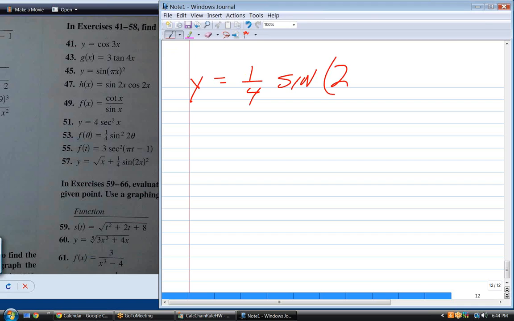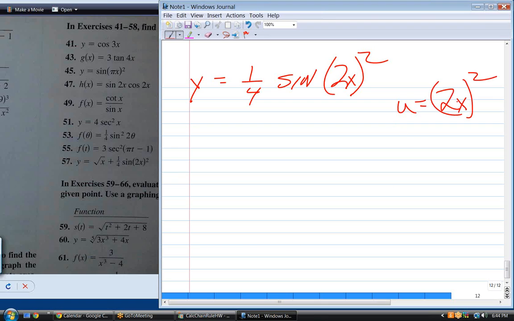This is the one that is tough because this is the one that's different. In other words, this has a different inside than if that 2 was right here. What's the inside going to be? 2x squared. Yes, 2x quantity squared.